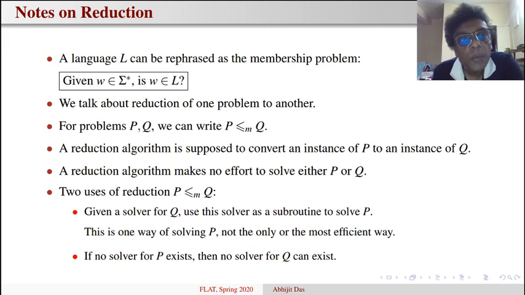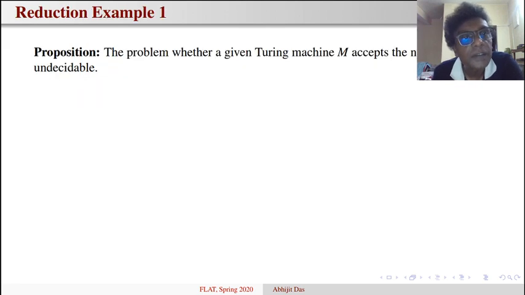So let us see a more serious example of reductions. You want to prove that the problem whether a given Turing machine accepts the null string is not a solvable problem or is not a decidable problem. So this reduction mechanism is something like this. We will make a reduction from the halting problem to this new problem.